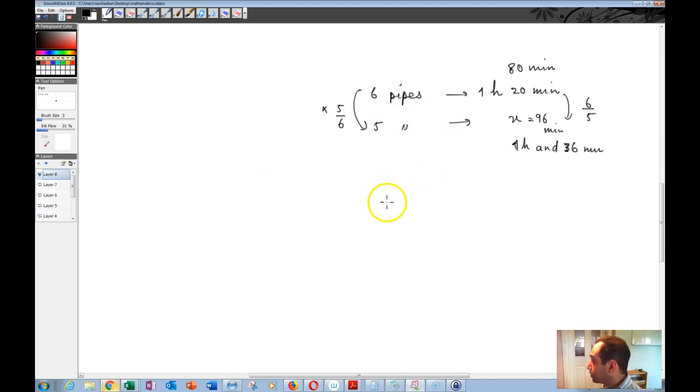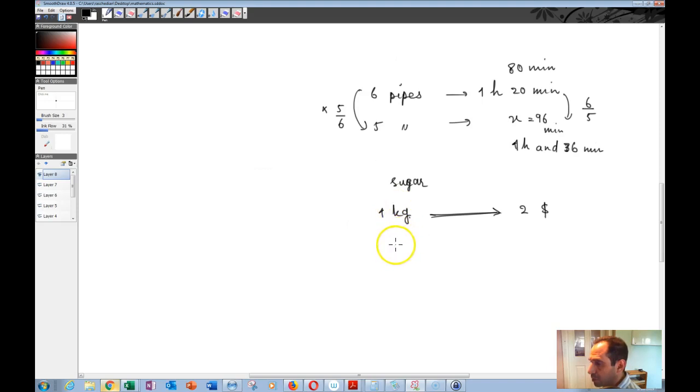So let's say that 1 kilogram of sugar is going to cost you, for example, $2. Right? 1 kilogram of sugar is going to cost you $2.